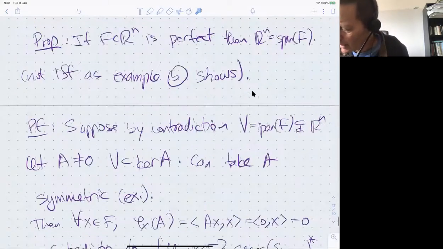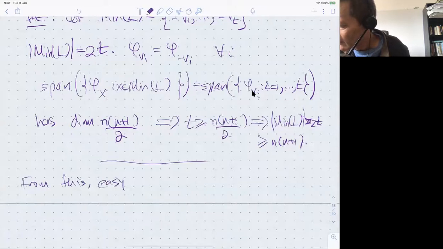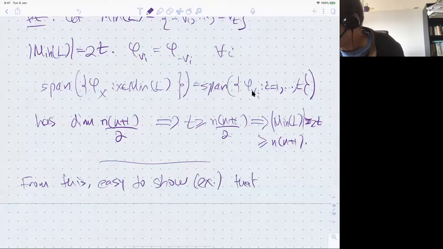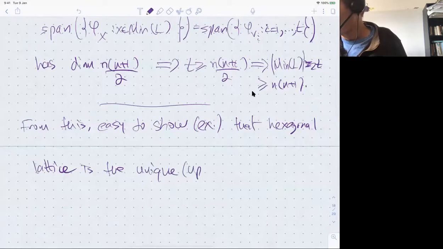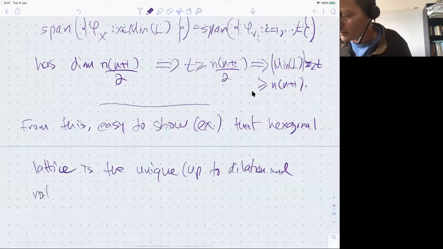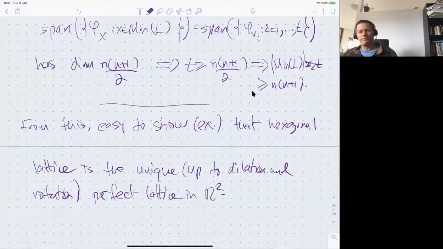So this is like a hint for your exercise. From this, it's easy to show, and this is one of your exercises, that the hexagonal lattice is the unique perfect lattice in two-dimensional space, up to dilation and rotation.